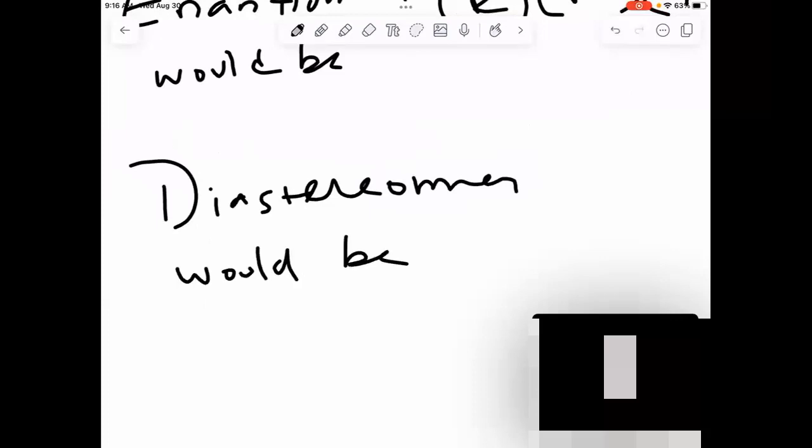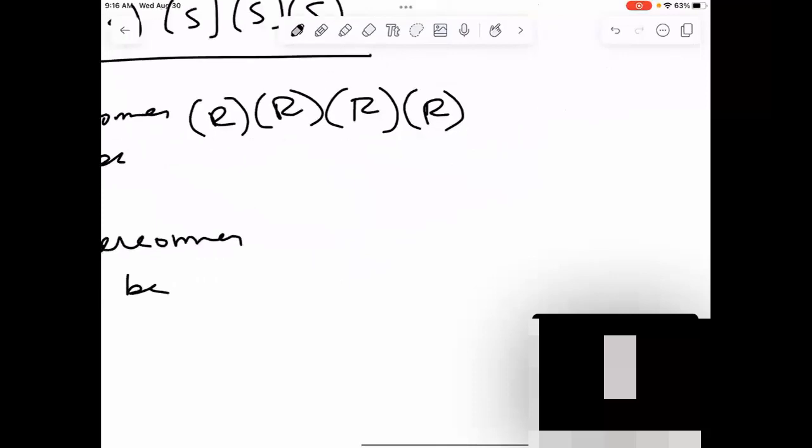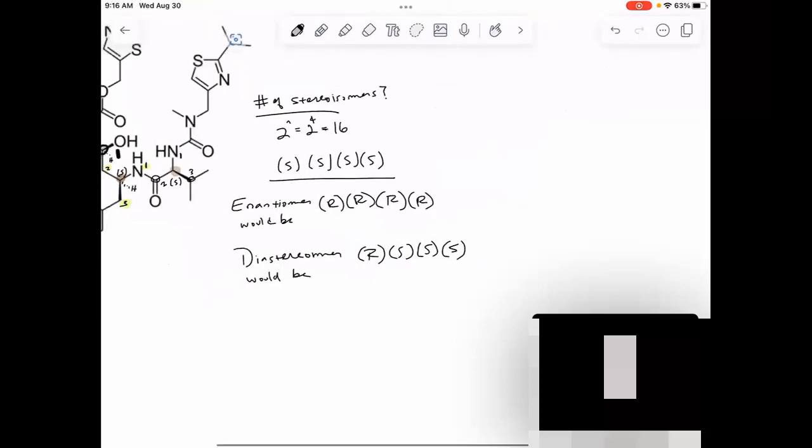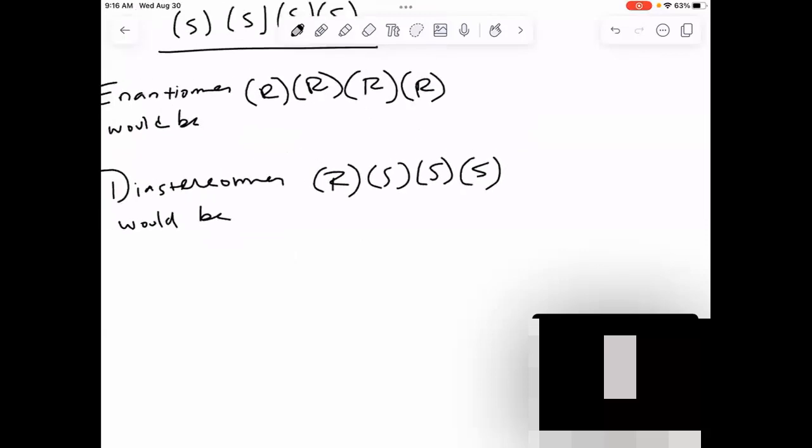I don't think so. It doesn't. You can change any one of them as long as you only change one. So we'll say R, S, S, S. Is that making sense? Yes. What would another diastereomer be?